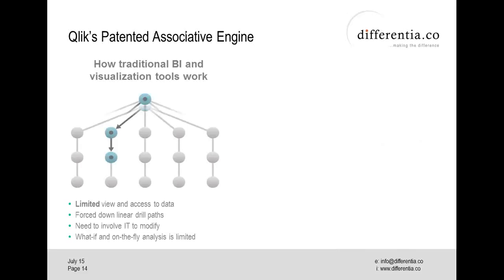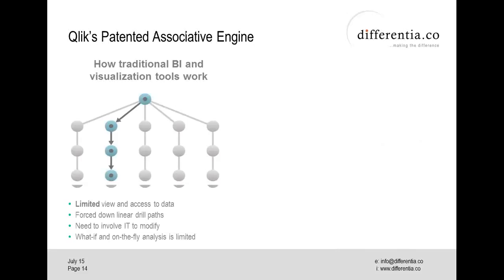Now, just to explore that a little bit more, because I think this is quite an important distinction between Qlik and basically most of the other BI and visualization tools that are on the market currently. So these tools work in a hierarchical sense, where you have to make a query on an underlying database and bring back that data.